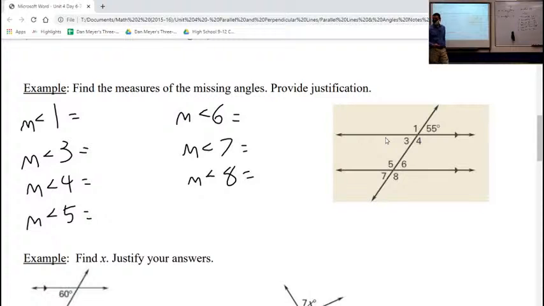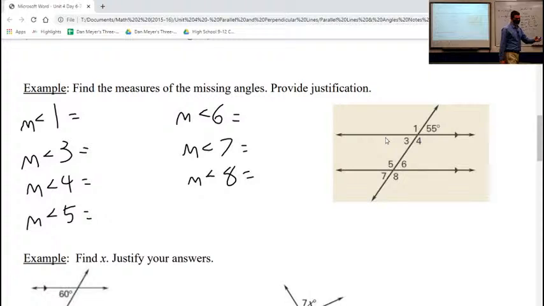Here's a hint for you, by the way, if you're looking at this problem. We said that these measurements, even when we were talking about vertical angles and linear pairs, our options here were angles that were congruent, like these are the vertical angles or any of those, and angles that were supplementary, which would be the same side interior, and if you find a linear pair there, those would be supplementary. So that means if they're congruent, your measurement should be 55 degrees. It should match angle 2.